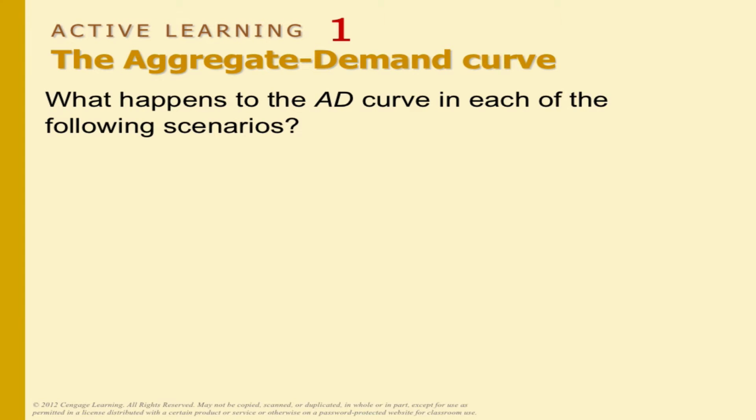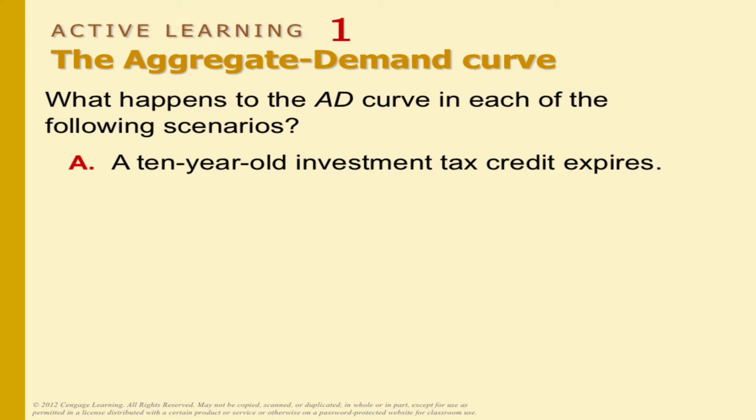Practice time! So we're going to decide what happens to aggregate demand in each of these. A 10-year-old investment tax credit expires. So first thing you have to do is decide what an investment tax credit is. What do you suppose it is? Tax break for investment. Yes, it's a tax break for investing.